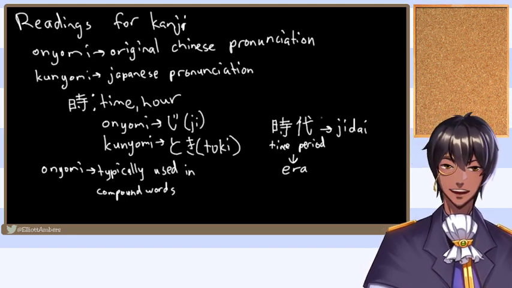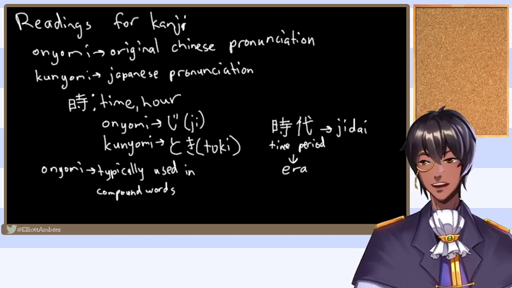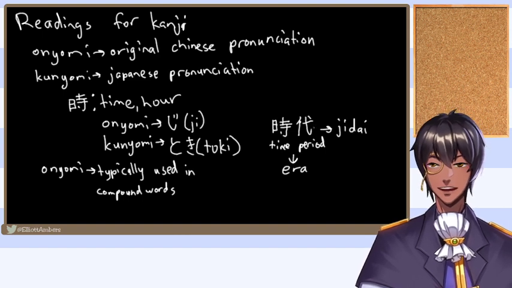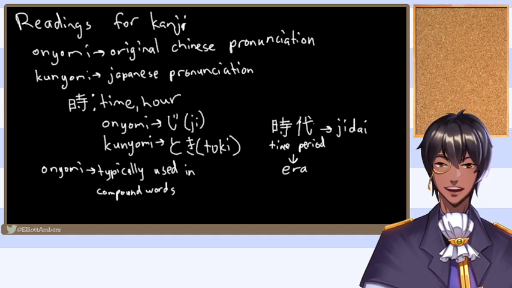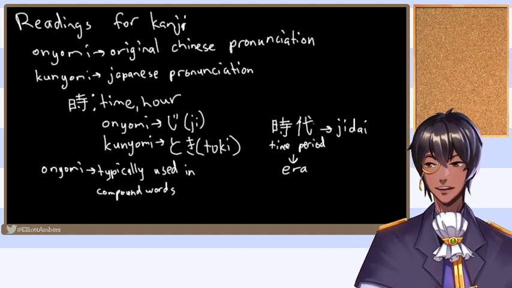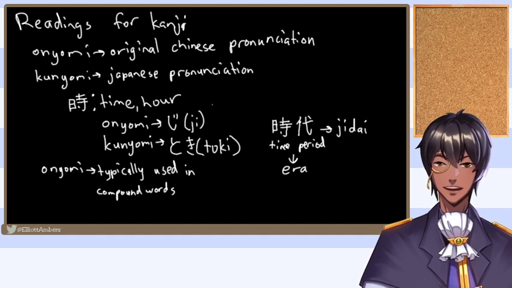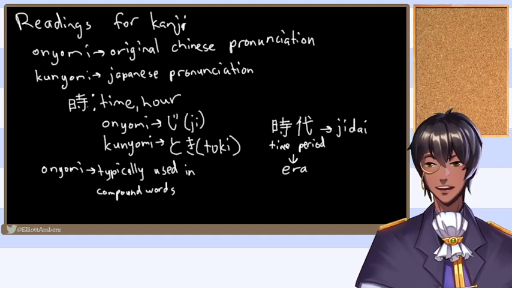And you can see, instead of being Tokidai, it's Jidai. It uses that Chinese reading. That's usually when you'll see it, when it's combined with other kanji. It's not always the case, but very often it is. If you were to take a guess, you'd almost usually be right with that assumption. When you see this kanji alone, it's almost always going to be pronounced as toki.